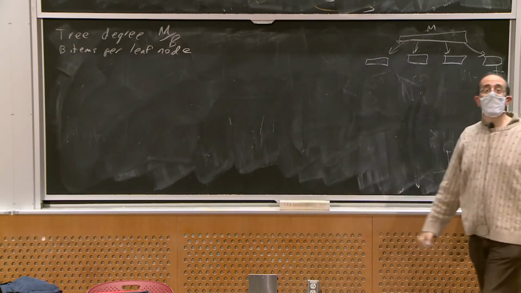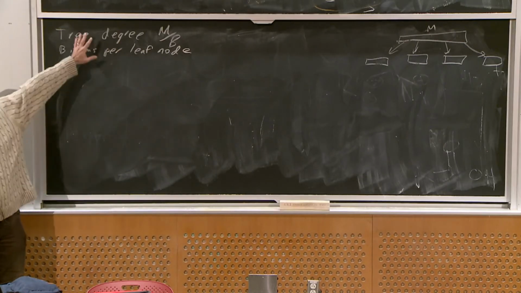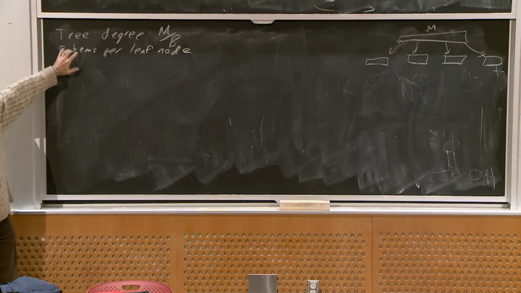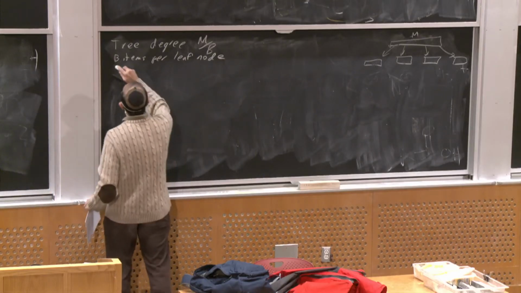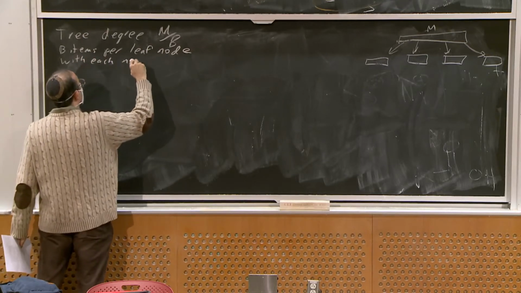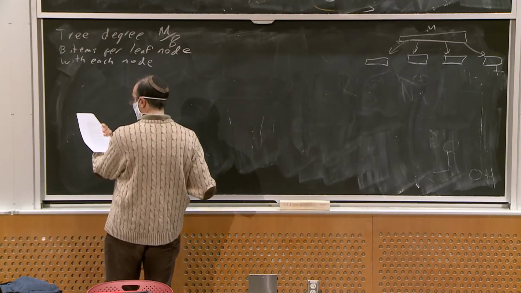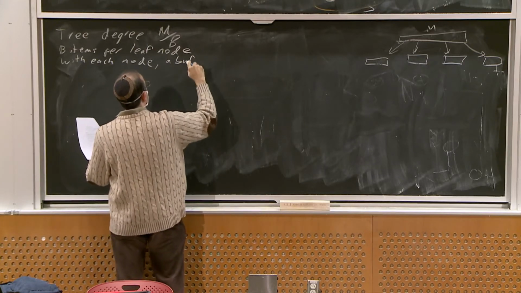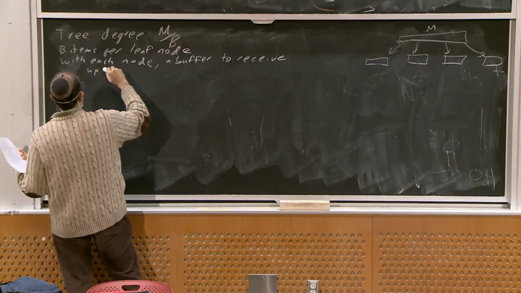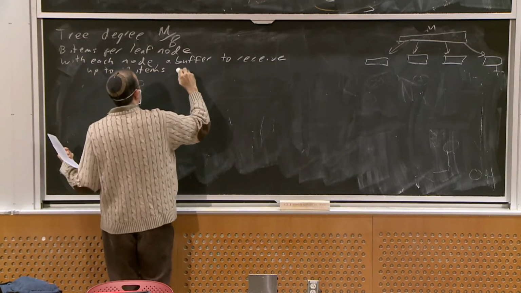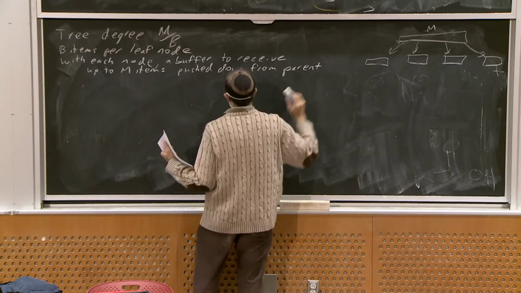Yes, a question. What exactly is the buffer? So what I'm going to do is, now that I have this notional tree, this tree of degree m over b, that keeps branching out until there are only b items per leaf node, with each node I am going to keep a buffer to receive up to m items pushed down from the parent node of the tree.